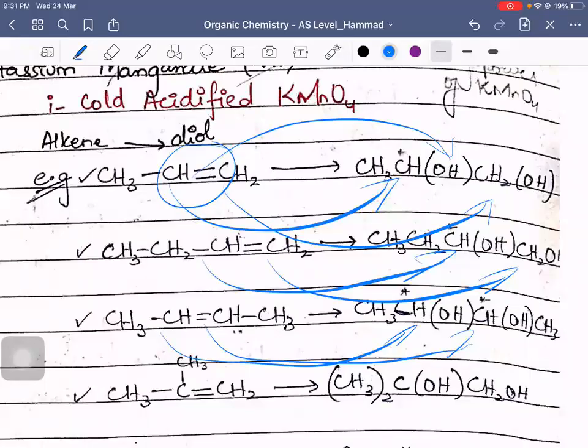No, it is because KMnO4 is a very strong oxidizing reagent, right? Oxidation is a loss of hydrogen or a gain of oxygen. Having OH means your hydrogen content is reduced and your oxygen content is increased.